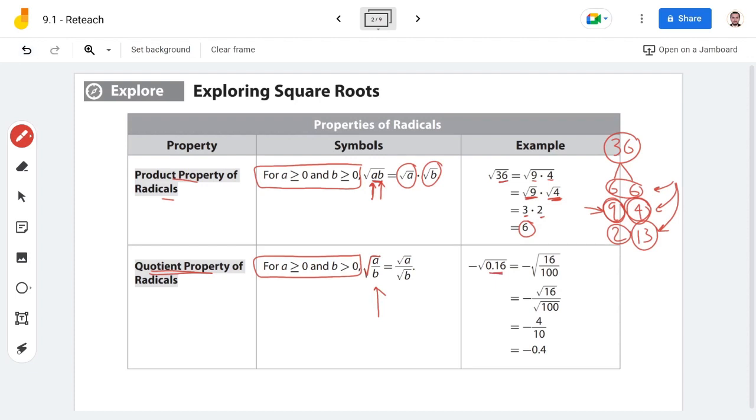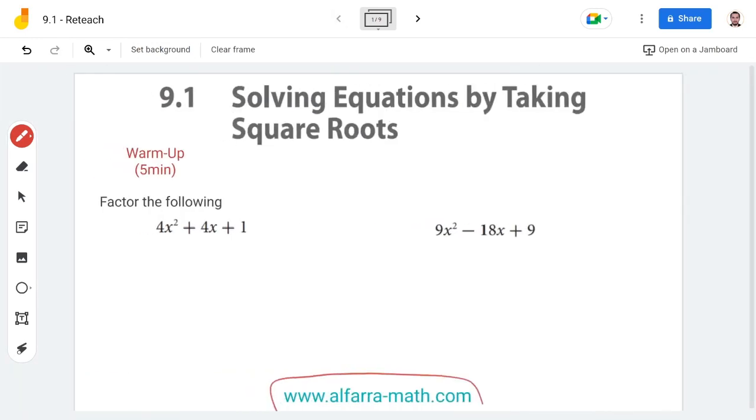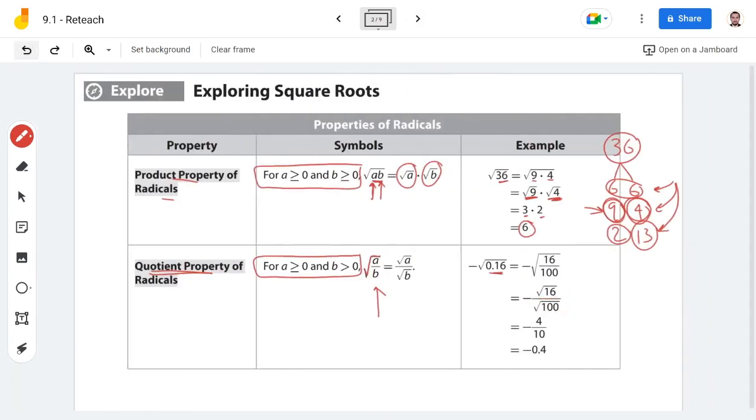Now, we can split the square root using the quotient rule, square root of 16 and square root of 100. What is the square root of 16? The square root of 16 is equal to 4. What is the square root of 100? The square root of 100 is 10. So as we can see here, 4 over 10 is equal to 0.4. And don't forget the negative, for sure, in every step.